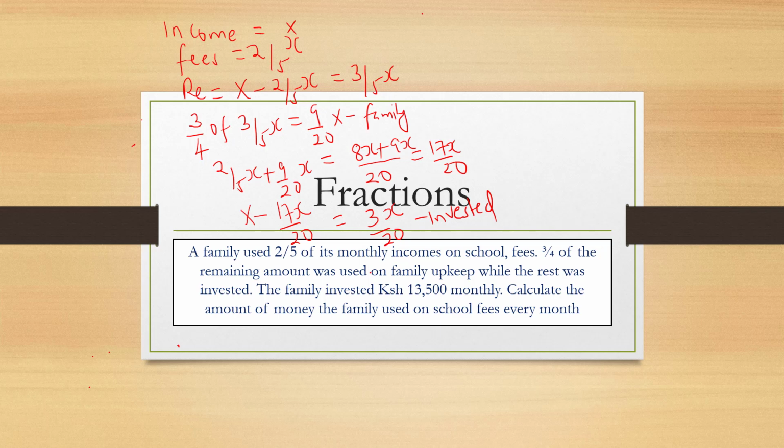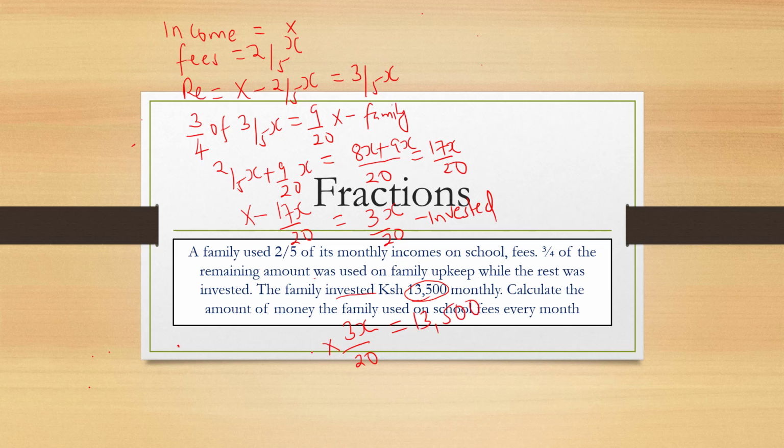in form of fraction. Now you're told that the family invested Kenyan shilling 13,500, which means that 3x over 20 is the same as 13,500.